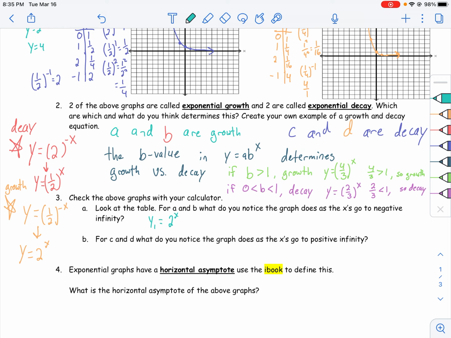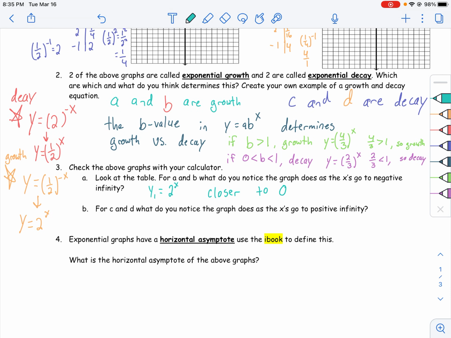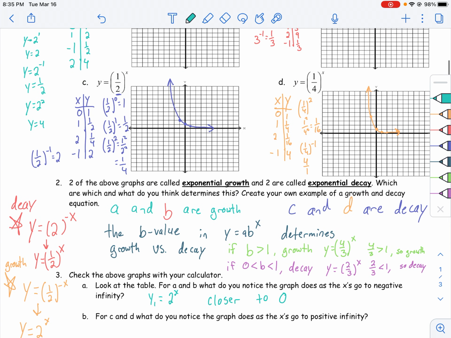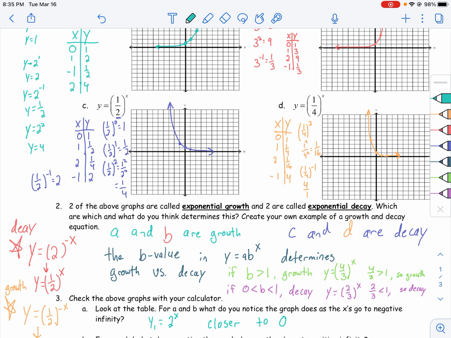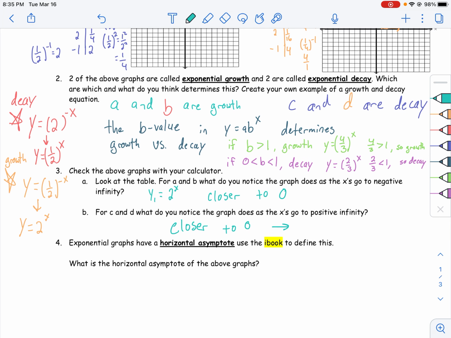As the x's go to negative infinity, you're getting closer to 0. The numbers are just getting smaller and smaller. For C and D, as you go to positive infinity, the ones that are decay, so C and D, if you're going to the right on those graphs, again, you're getting closer and closer to 0.